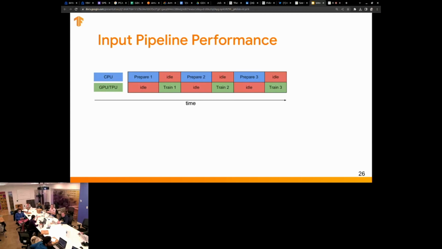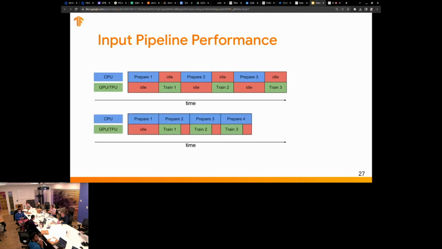Right now, what is happening is you are preparing the data on the CPU and taking it to the GPU for training. So for part of the time, your CPU or your GPU is idle because it's waiting for the next batch of data to come in. But instead of that, you can basically squeeze all of them together. So constantly prepare the data so it is ready.